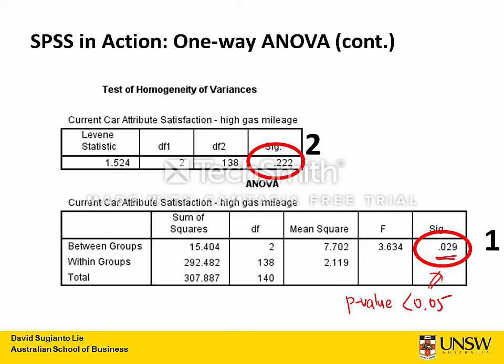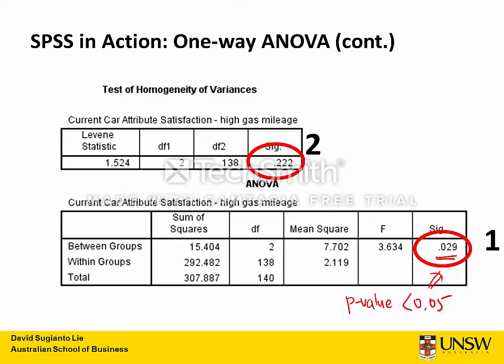When we reject our null hypothesis, it means that there is actually a difference across income. Now the next question that probably comes to your mind is in which income group the groups differ.